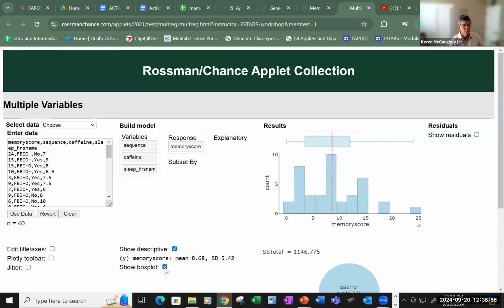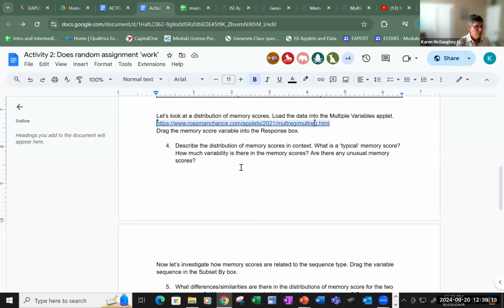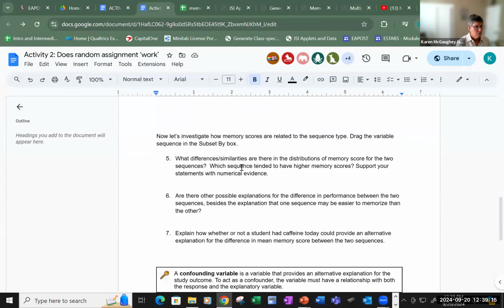You can also show a box plot if you'd like. So just getting students to think about what they're seeing in terms of the data set here.